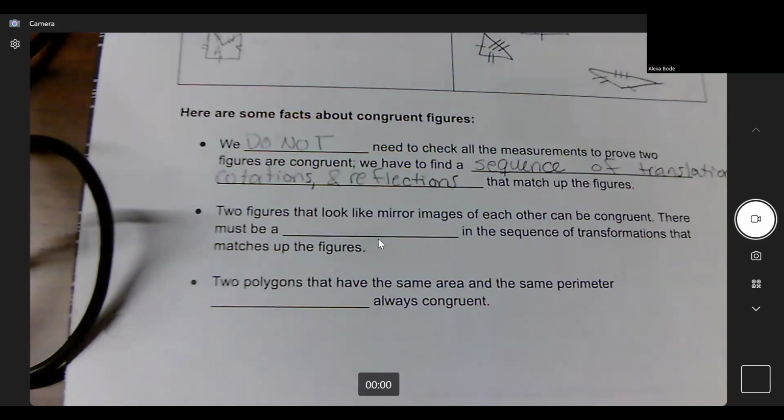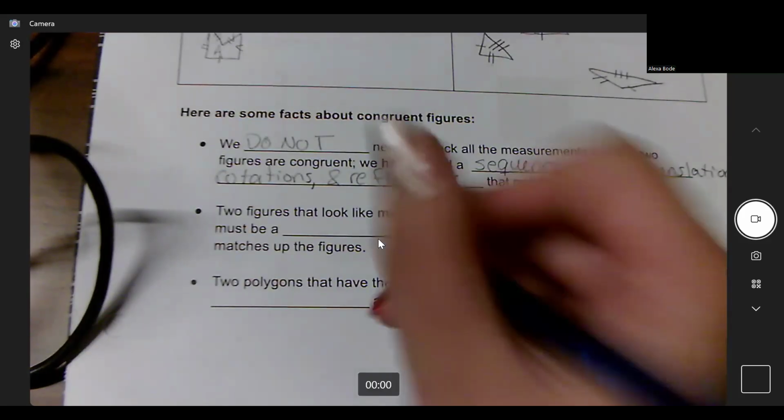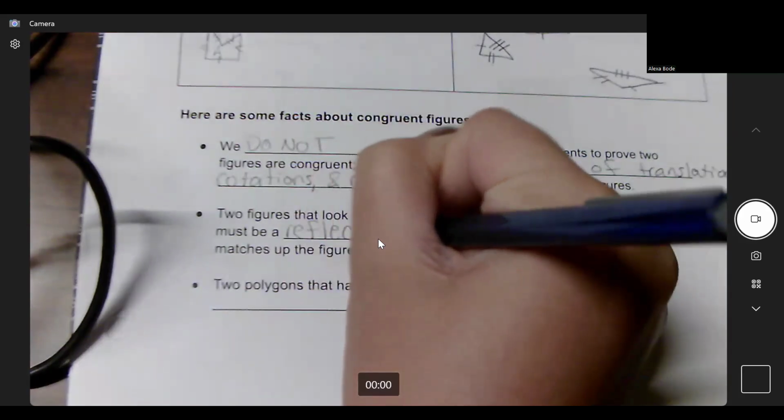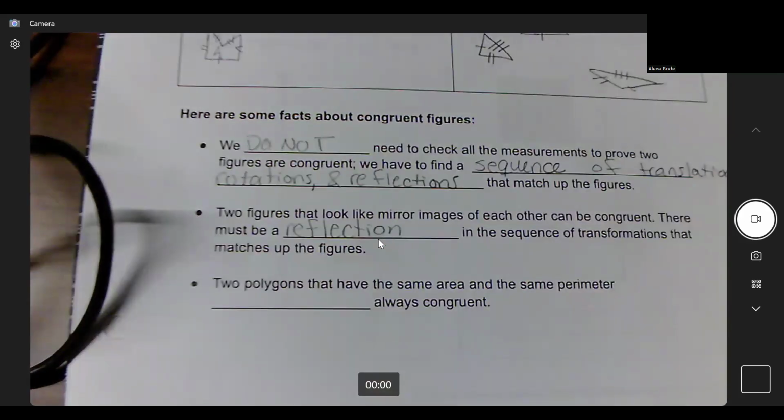Two figures that look like mirror images of each other can be congruent. There must be a reflection in the sequence of transformations that matches up the figures. So just like in the warm-up, you had the two triangles that looked flipped but didn't line up. Because they were flipped, there is a reflection in that.